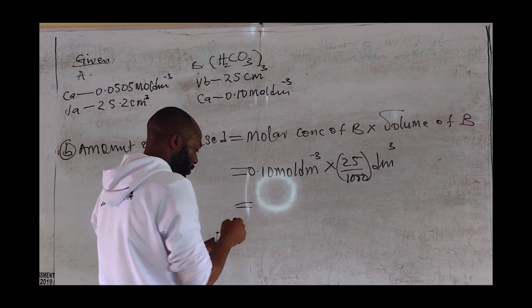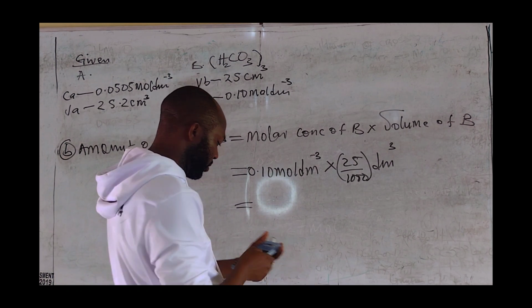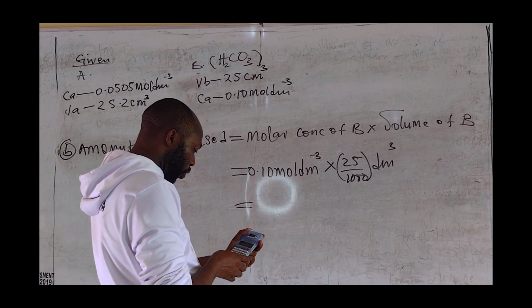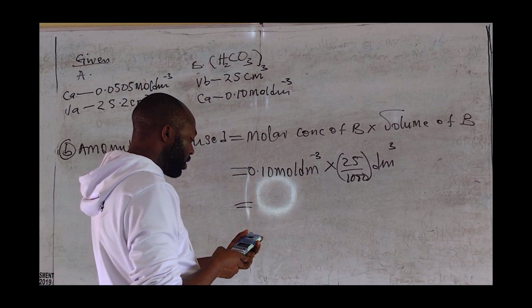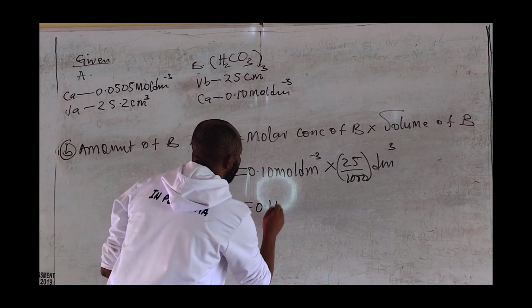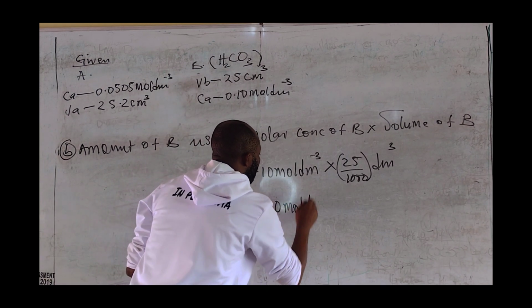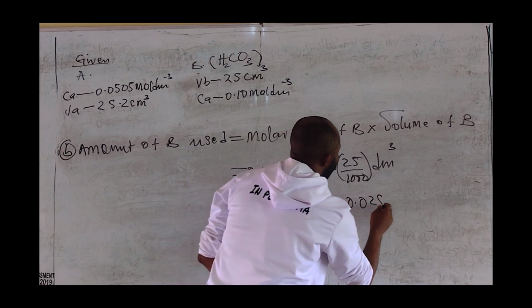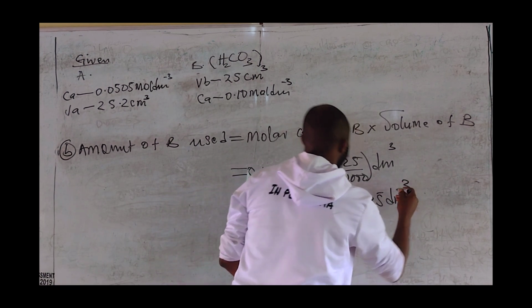And this is equal to 25 divided by 1000, 0.025 dm³.